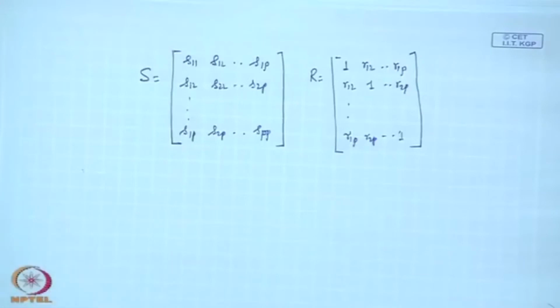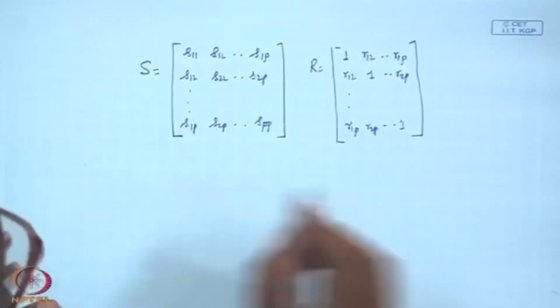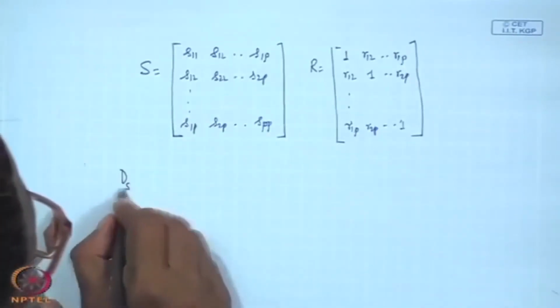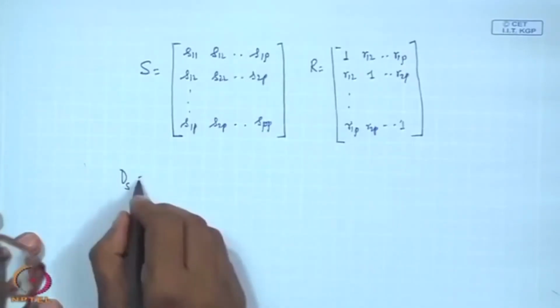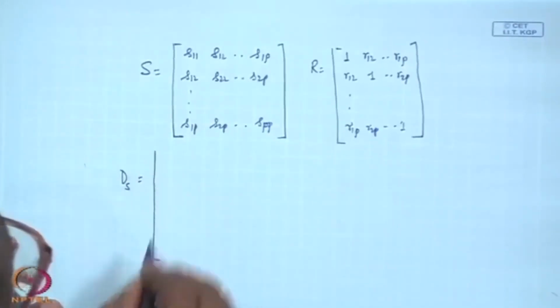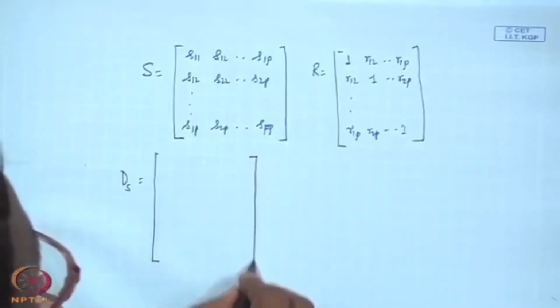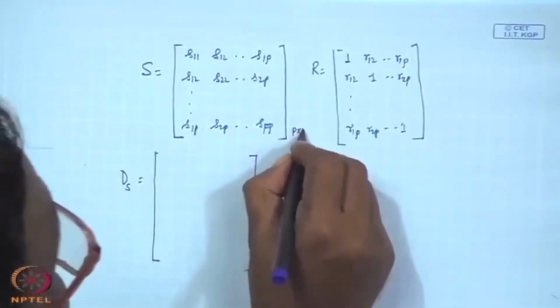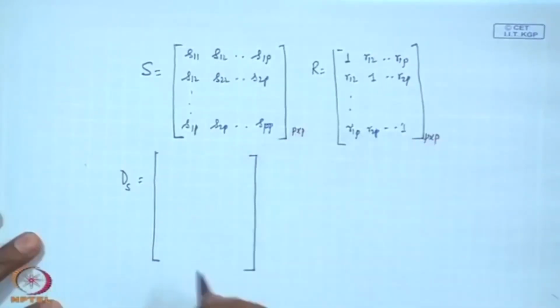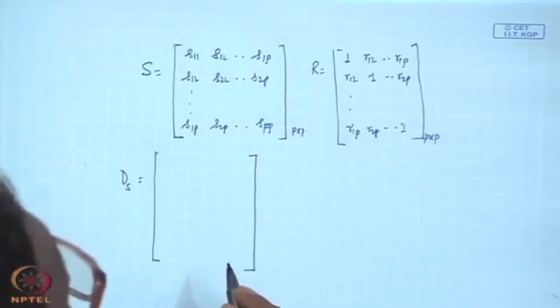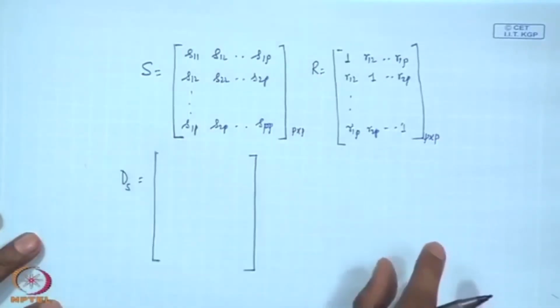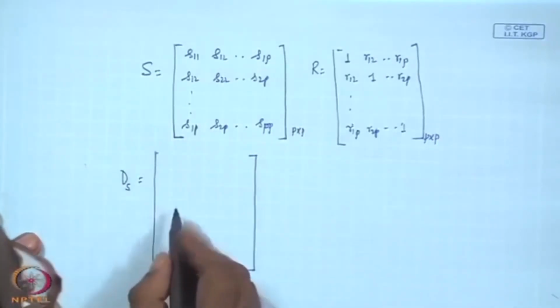So, you create another matrix, a diagonal matrix DS. This is also a p cross p matrix, the same as the others, only the diagonal elements will be the variance components and the off-diagonal elements will be 0.